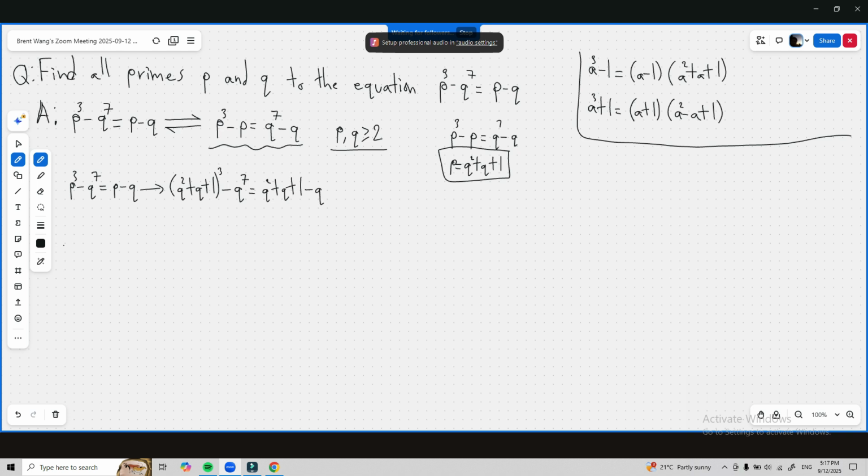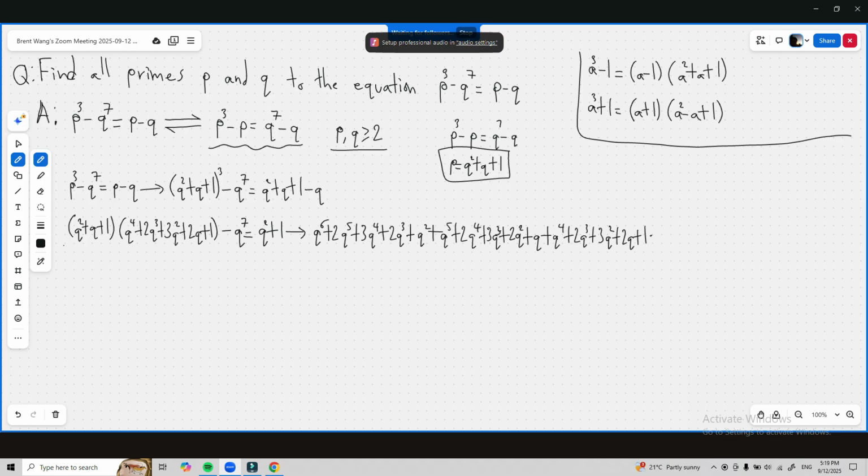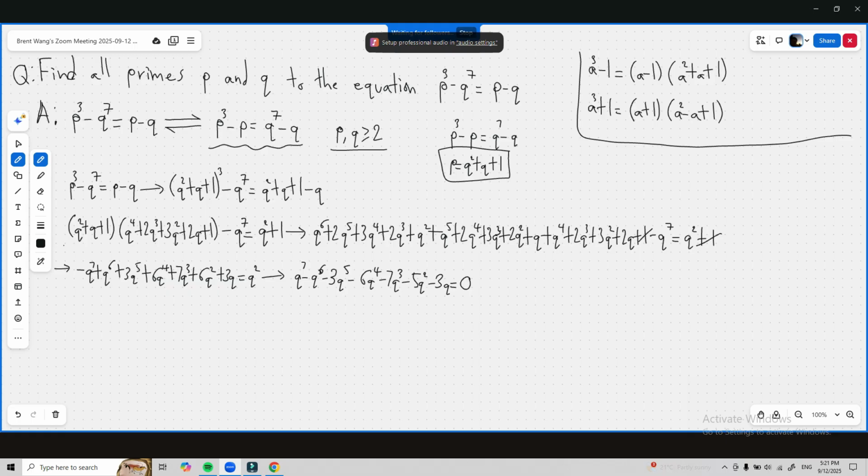I'm going to fast forward this simplification process because this part is very boring. When you simplify it down, you get Q to the power 7 minus Q to the 6th minus 3Q to the 5th minus 6Q to the 4th minus 7Q cubed minus 5Q squared minus 3Q is equal to 0.